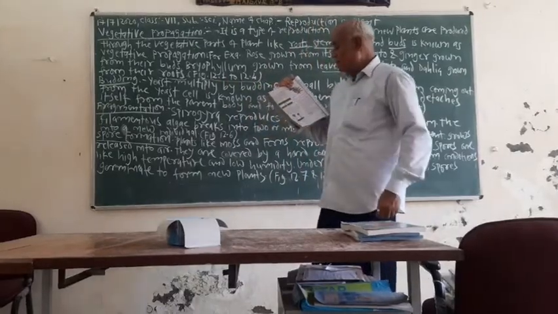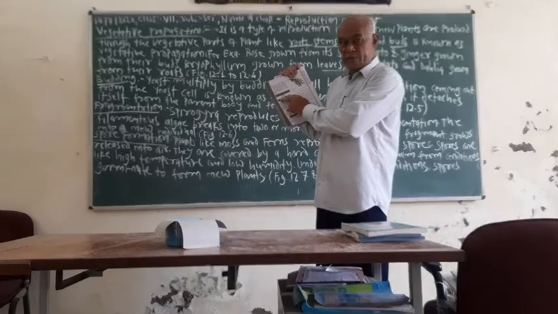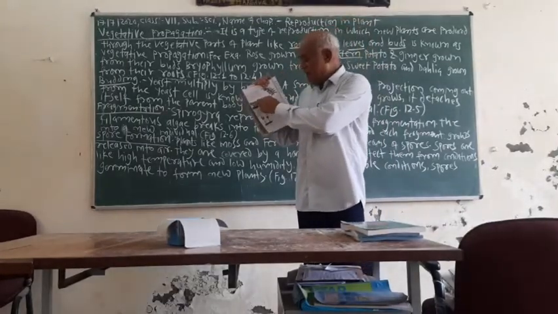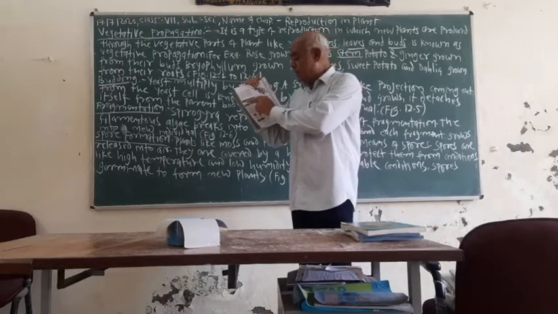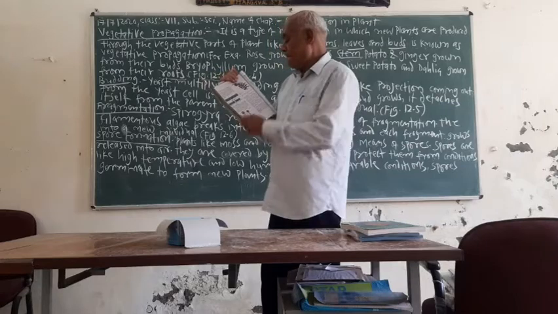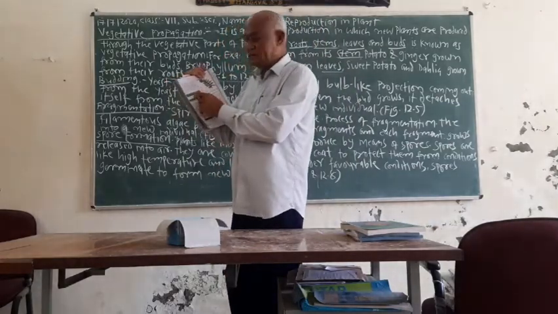This is the Spirogyra. One filamentous Spirogyra breaks into two. These two Spirogyra are individual living organisms, algae.